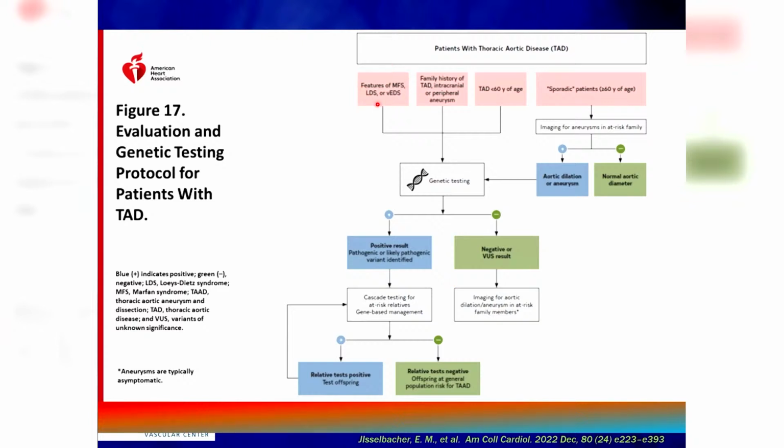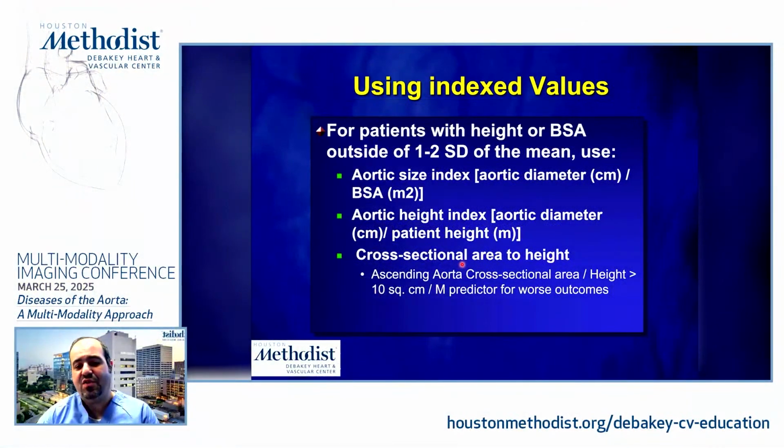If they have any features of Marfan syndrome, Loeys-Dietz syndrome, or the vascular type of Ehlers-Danlos syndrome, if there's any family history of thoracic aortic disease, or if they develop thoracic aortic disease at a young age, whether an aneurysm or a dissection, these are the people who would benefit from genetic testing. If they have a positive result suggesting a pathogenic or likely pathogenic variant, then you would do cascade testing for those at-risk relatives.